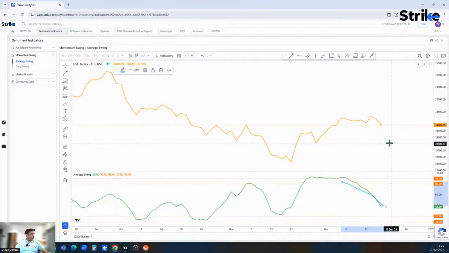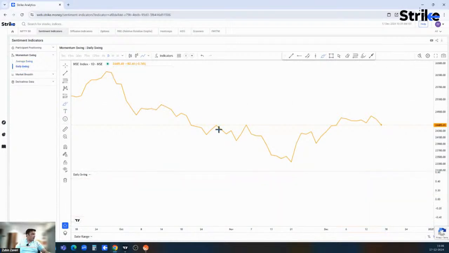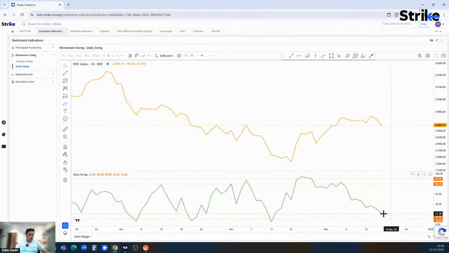The percentage of stocks with bullish momentum are decreasing, all right, and the daily swing has almost reached its oversold levels. So what can we do over here? What can we do from this data? We can wait for this particular daily swing indicator to come down and then bounce back.